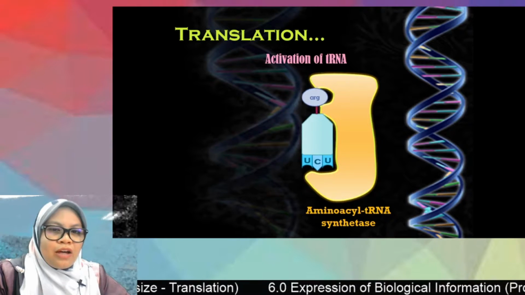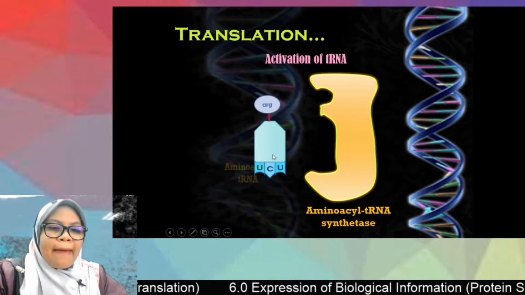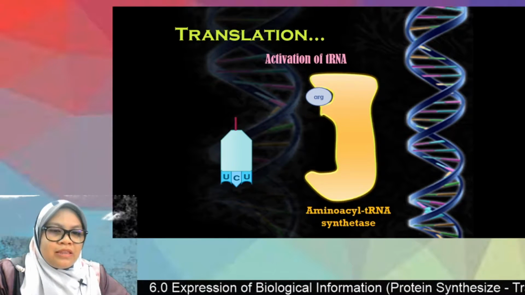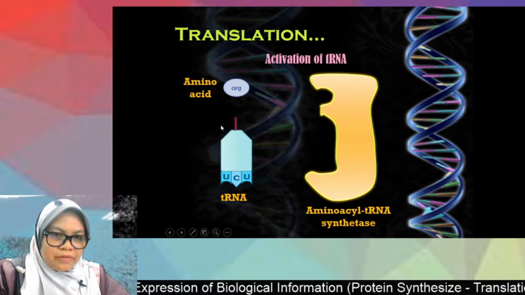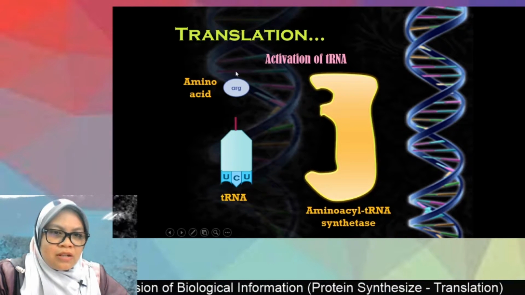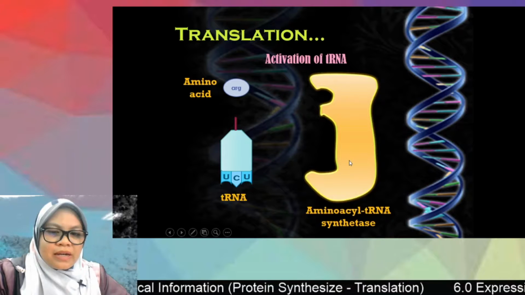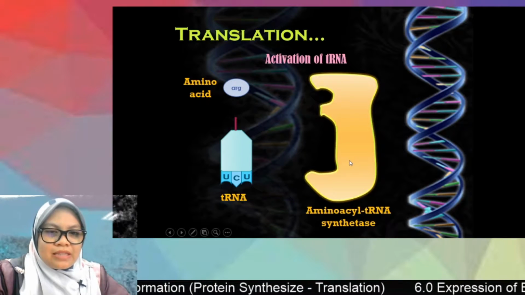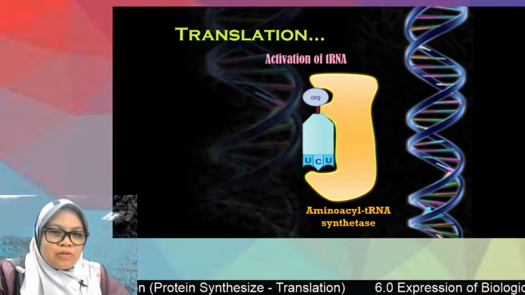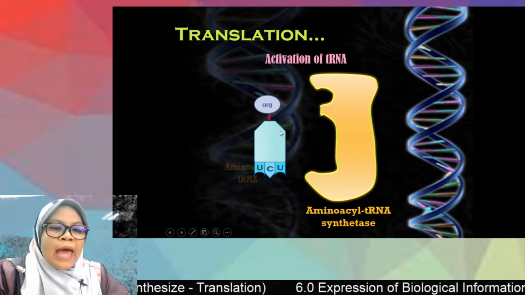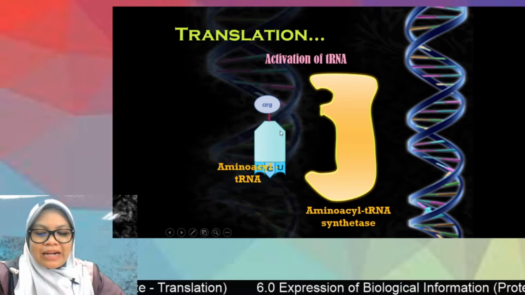So now this is called aminoacyl tRNA. The binding of the amino acid to the tRNA is catalyzed by the enzyme aminoacyl tRNA synthetase, forming a structure called aminoacyl tRNA.